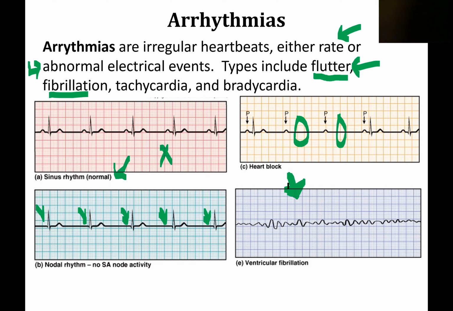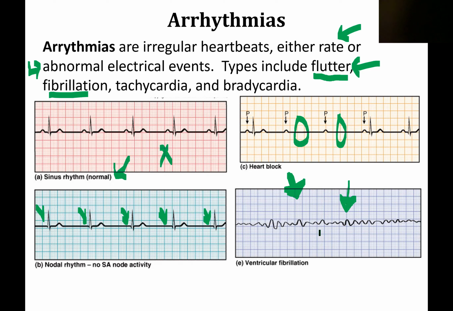Atrial fibrillation can be caused by other things, medications, chemicals. Atrial fibrillation is not always considered life-threatening because it can usually be treated with medication, or it can be treated with an artificial pacemaker. What we see down here is ventricular fibrillation, rapid uncontrolled electrical events where the ventricles are basically in a spasm.